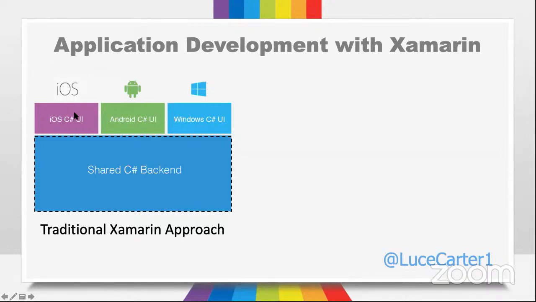So you still need to know how to do the iOS UI, which uses something called storyboards, Android XML for the Android side, and then a XAML dialect for UWP. So you still need some knowledge for these different UI types, which adds some time on.